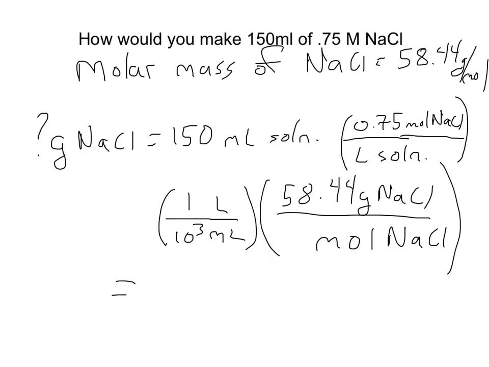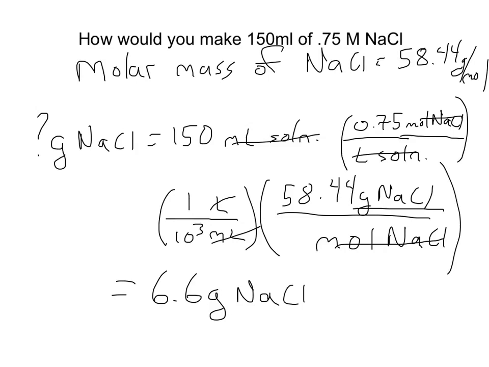And then I'm going to go through and check units. So moles of NaCl on bottom cancel with moles of NaCl on top, liters of solution go away, milliliters of solution go away, and I'm left with grams of NaCl. And if I do the calculations, I get the answer to be about 6.6 grams NaCl needed to make this solution.